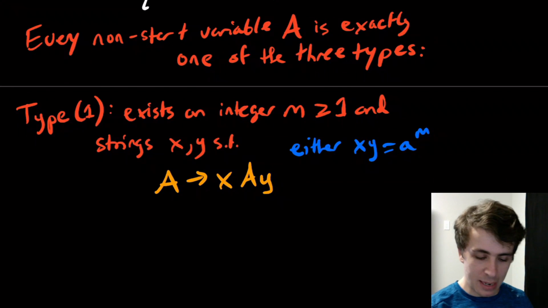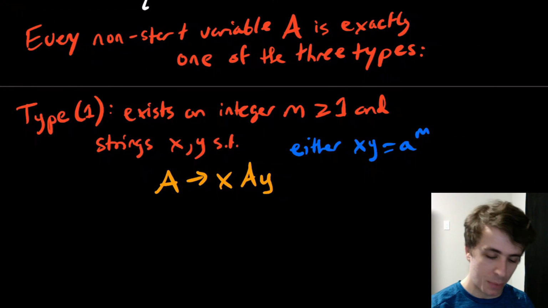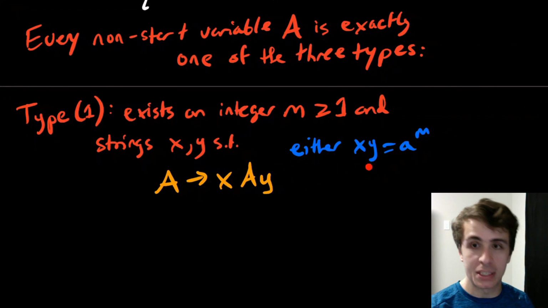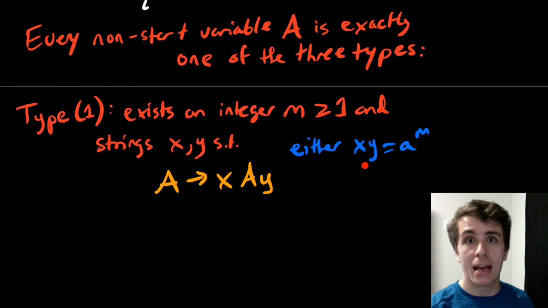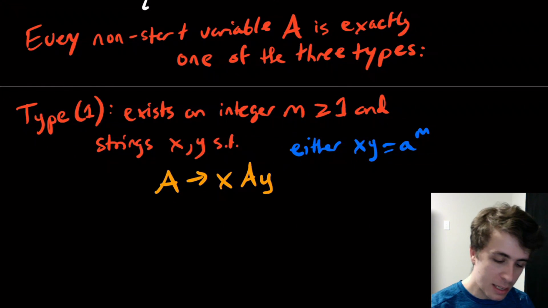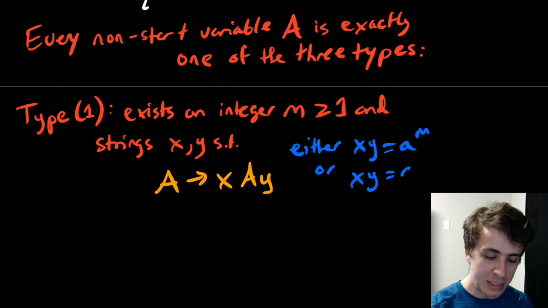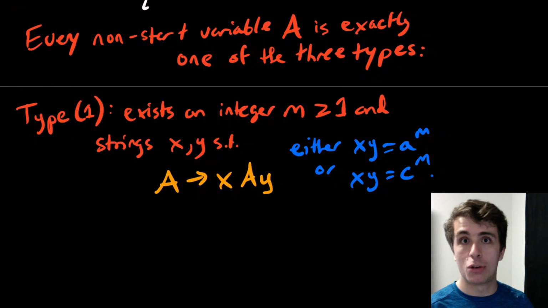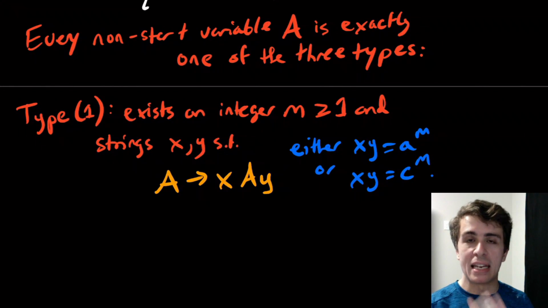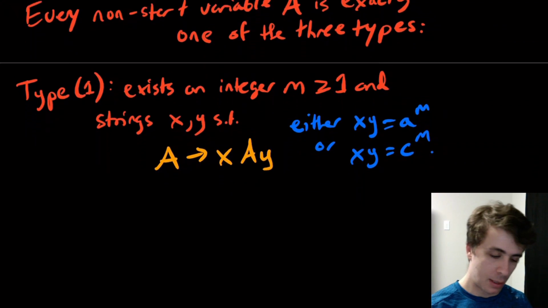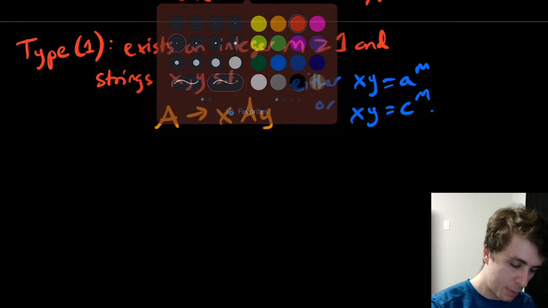I didn't want to say a star there because m is at least 1. So x and y, in some sense, there's at least one a, and they're entirely full of a's. So there's no b's or c's in this. So it's either the case that we have this, or xy is c to the m. So it's entirely full of a's and at least one of them, or entirely full of c's and at least one of them. So that's type 1.